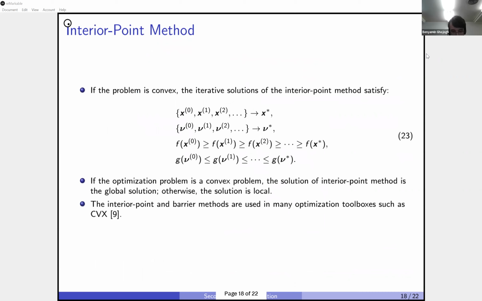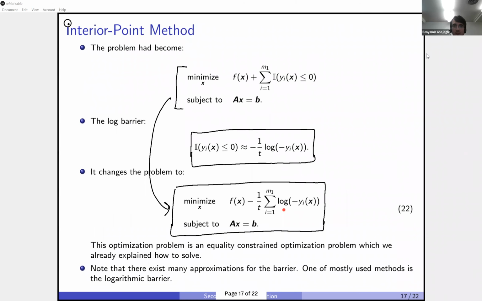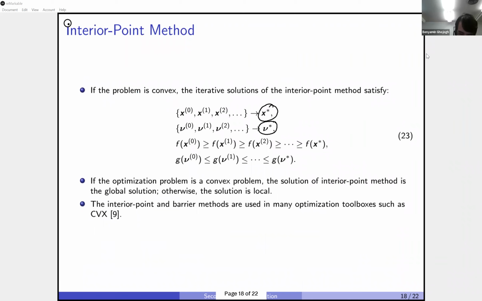And if the problem is convex, then the solutions should converge to x star, and nu also should converge to nu star, because we only have nu here. We don't have lambda anymore, because we brought the inequality constraints as a penalty in the objective function. So we have nu for equality constraints, and the f values should decrease, and the dual function values should increase.